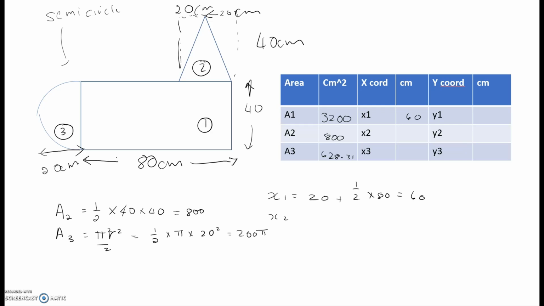x2, now for a triangle there are some rules for different shapes.